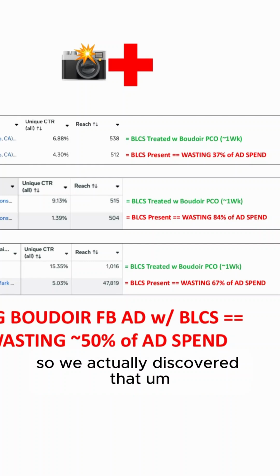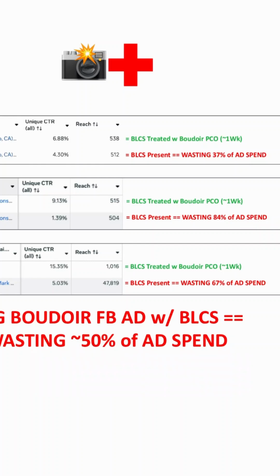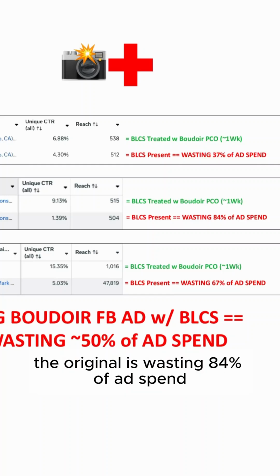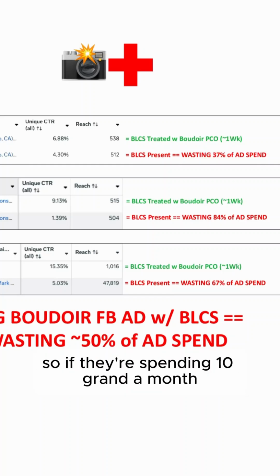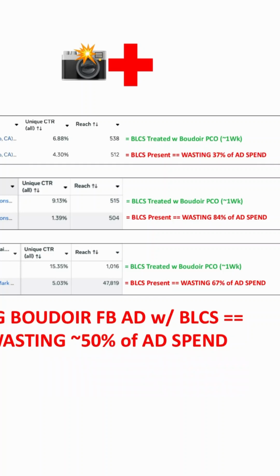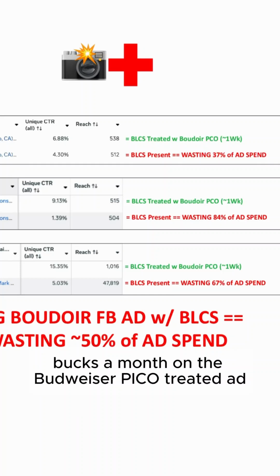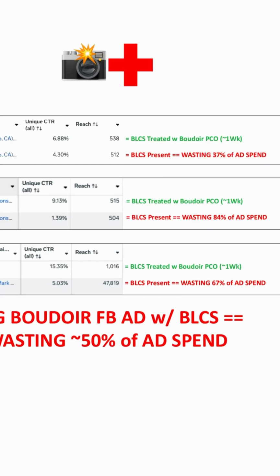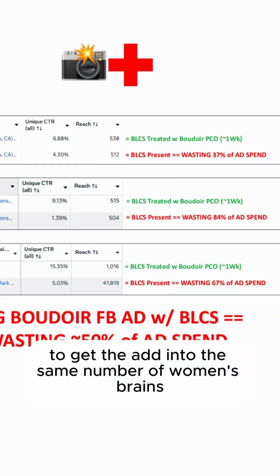So we actually discovered that the original was wasting 84% of ad spend. If they're spending 10 grand a month on the original boudoir Facebook ad, they now only have to spend $1,600 a month on the boudoir Pico treated ad to get the ad into the same number of women's brains.